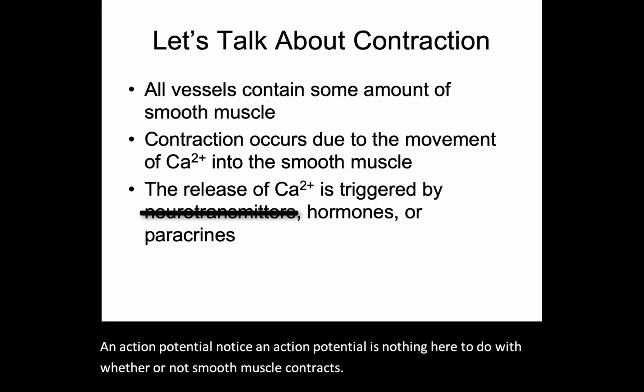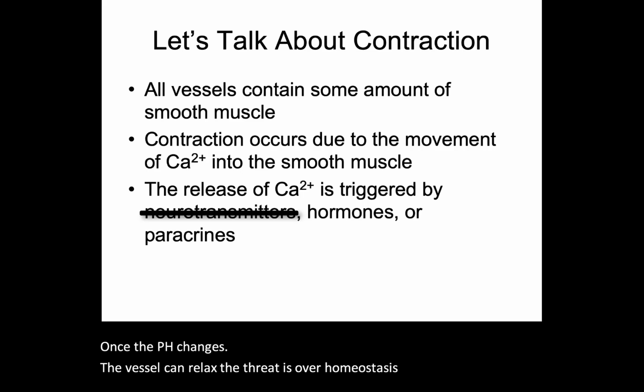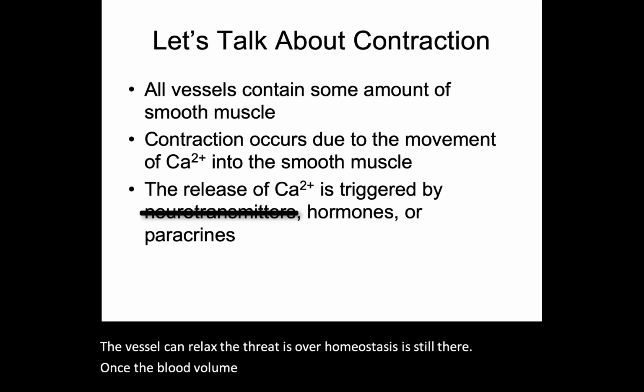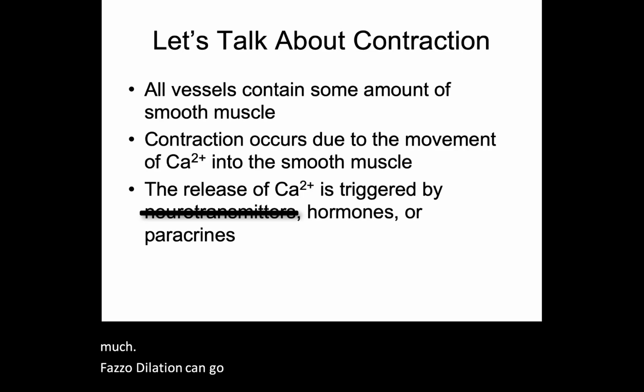Once the pH changes, the vessel can relax. The threat is over. Homeostasis is still there. Once the blood volume decreases, the stretch receptors don't detect that change anymore. The vessel can relax. Once nitric oxide isn't present as much, vasodilation can go ahead and relax.